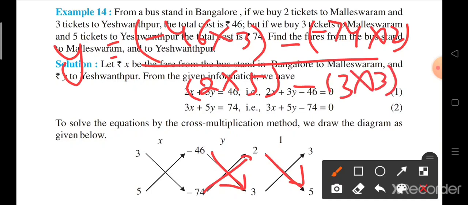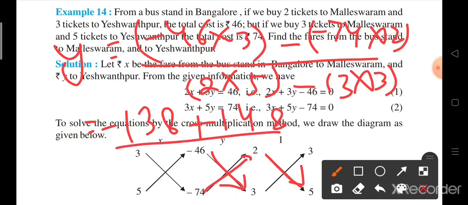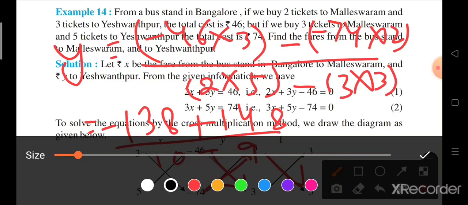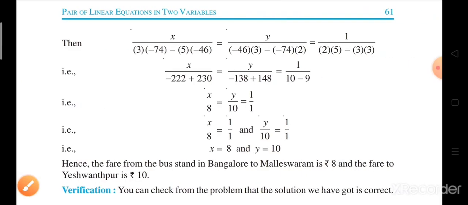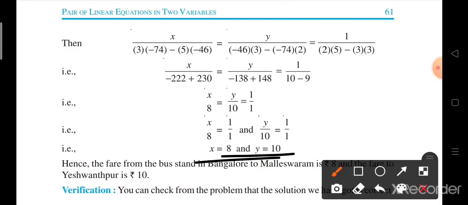When we solve them, 6 threes are 18, 1 carry, 12 plus 1 is 13, so minus 138 minus 148, divided by 10 minus 9. So when you solve it, you get plus 10 divided by 1, which is 10. So y is equal to 10.